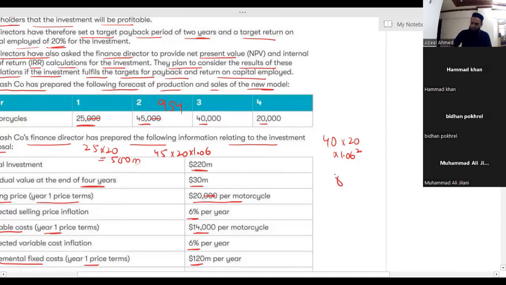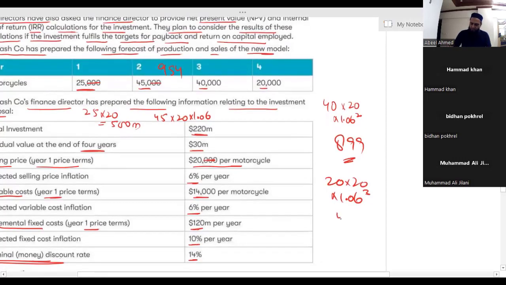You can simply make it 899 million. Fourth year, you will take 20 into 1.06, the power is 3, which gives 476 million. I hope that everyone has understood the calculation of sales. We'll be solving this on Excel, inshallah. Is this clear to everyone? You can just tell in the chat box.